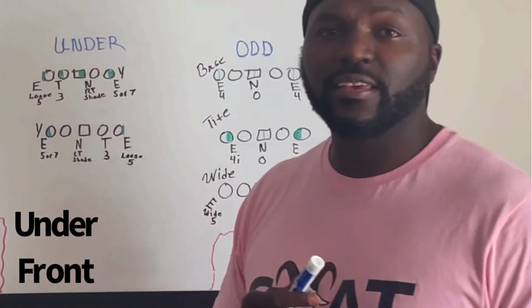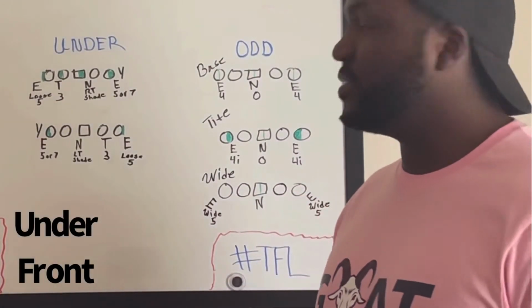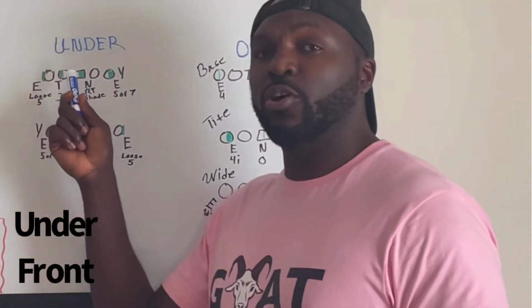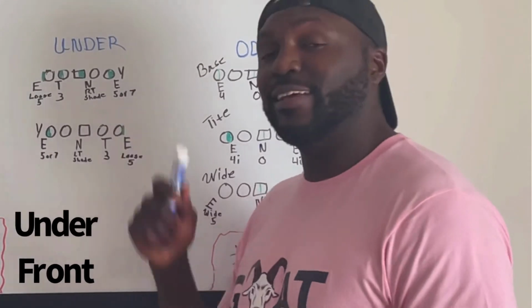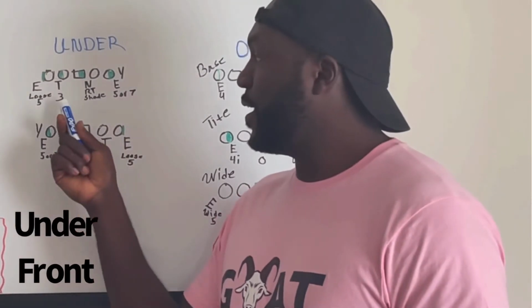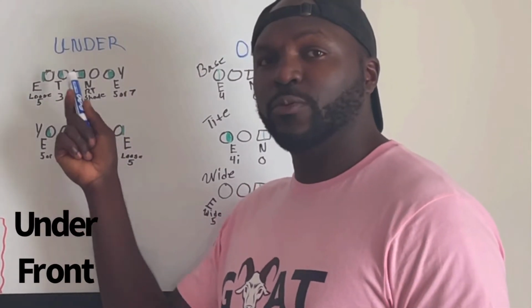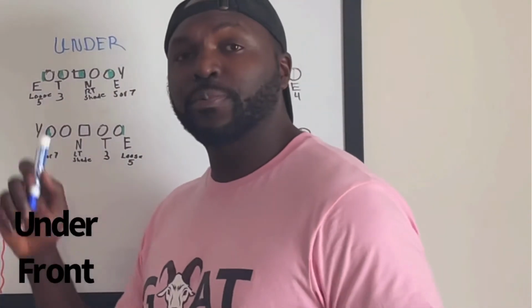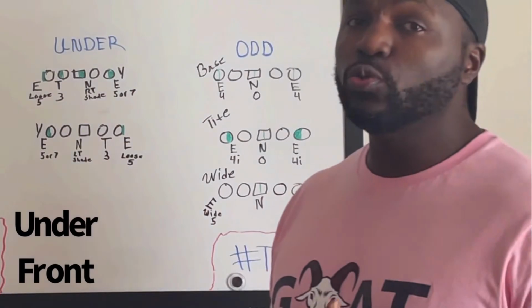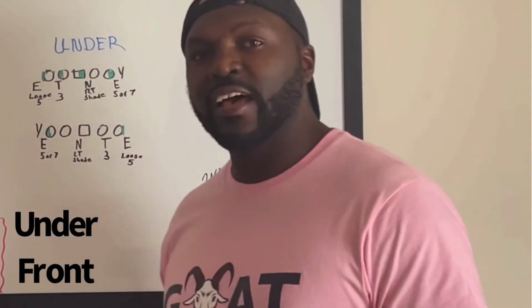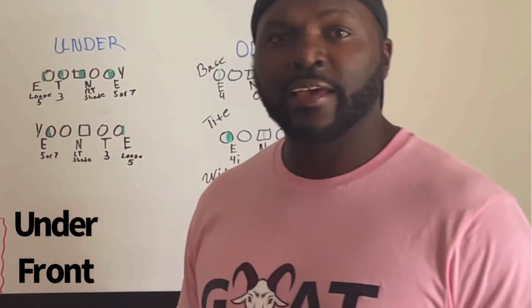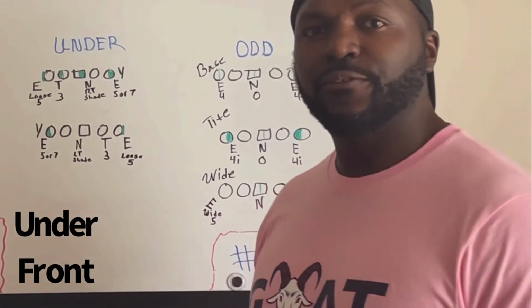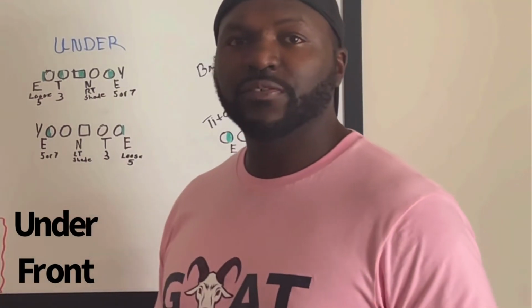Our 3 technique is now on the open side, outside shoulder of the guard to the left because our tight end is to the right. And that 3 technique is responsible for the B gap. The end on the open side is now in a loose 5. His inside foot is now aligned on the outside foot of the offensive tackle.